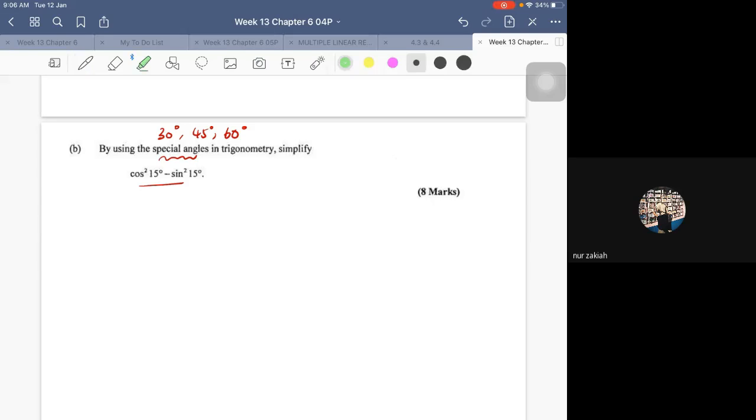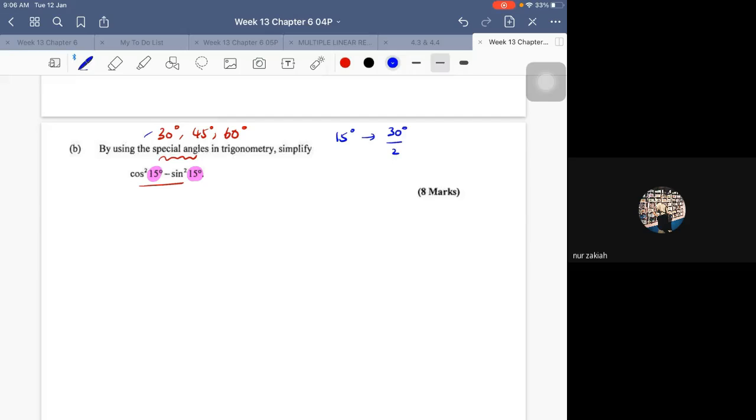Okay, sekarang what we have to do is, kita kena pakai special angle, kita kena relatekan special angle ni dengan 15 degree. So there are multiple ways macam mana nak come out dengan 15 degree. Salah satu cara adalah menggunakan 30 degree. So you boleh buat dia sebagai 30 degree bahagi 2, so automatically dia akan jadi half angle.